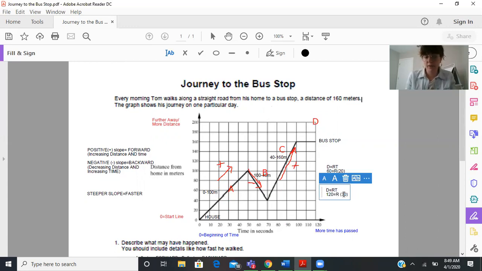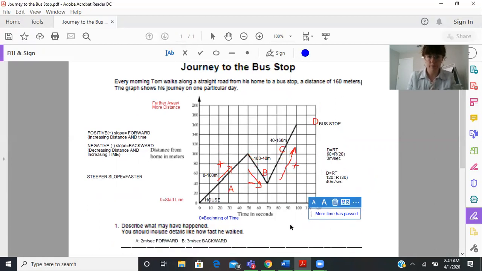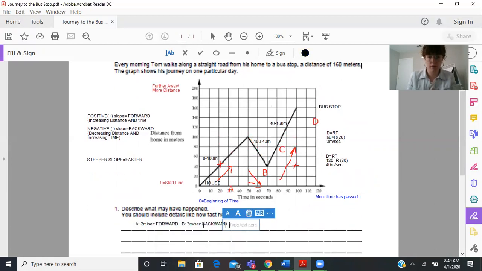Again, I need the R by itself, so I divide by 30 on both sides. 120 divided by 30 is 4 meters per second. So then I'm going to write for section C, he was moving 4 meters per second forward, which makes sense because we know he was going faster right here because the slope is steeper.